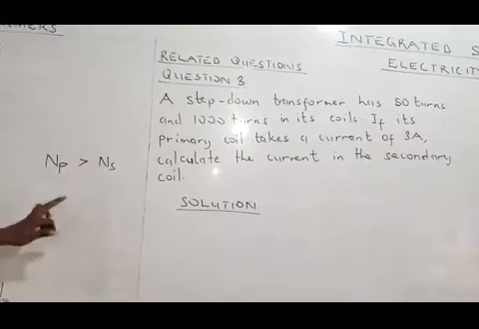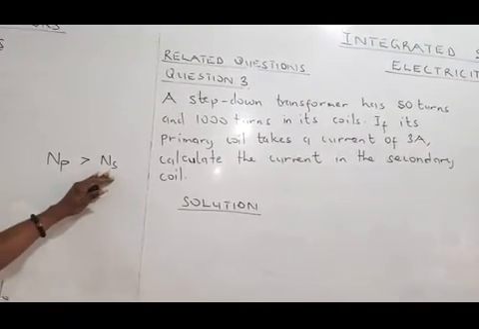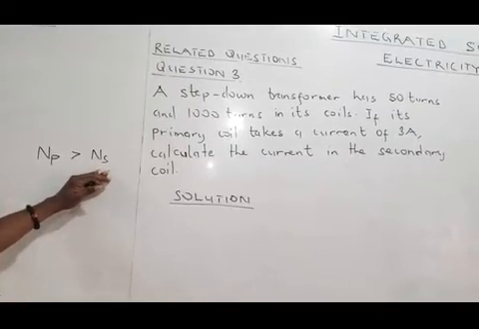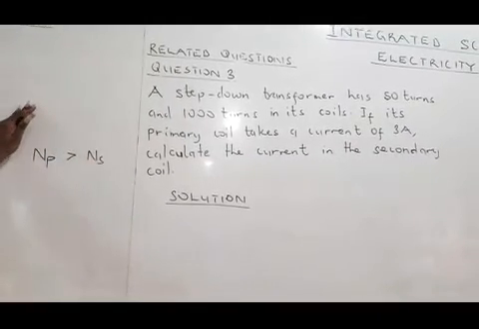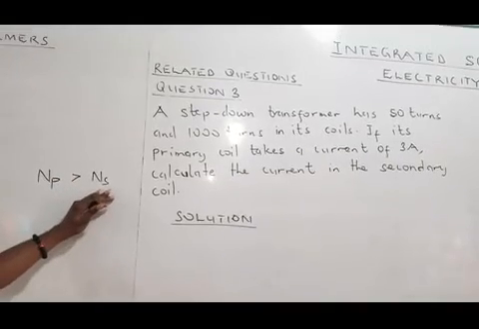So the number of primary turns is greater than the number of secondary turns. So that's the property for a step-down. If it was a step-up, then the number of primary turns will be lower than the number of secondary turns.